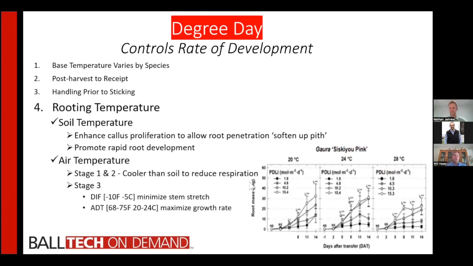So then we want to look at what is the air temperature. For stage 1 and 2, where you really don't want any top growth, you want it all down below in the roots. That's when you get callus and root initials starting. That's where you want the air temperature to be very cool.